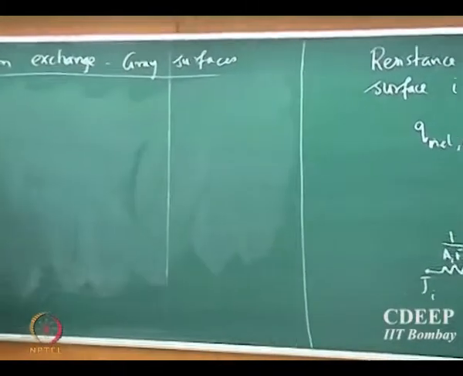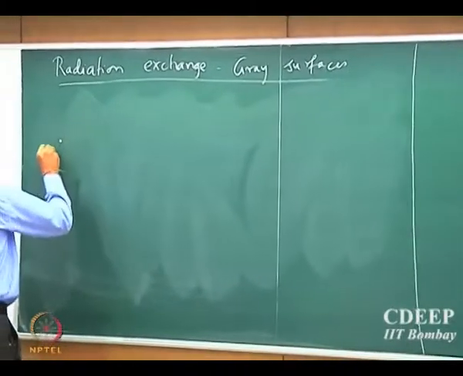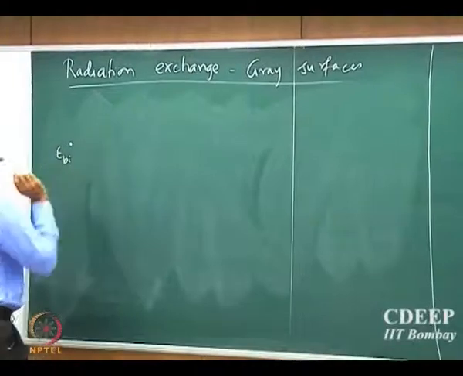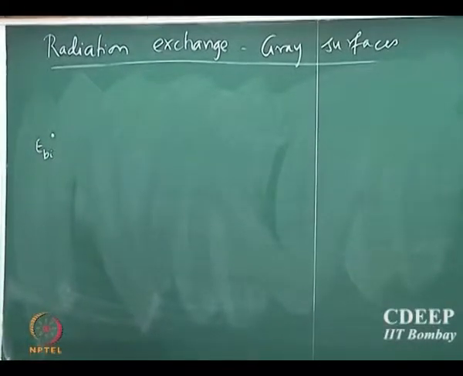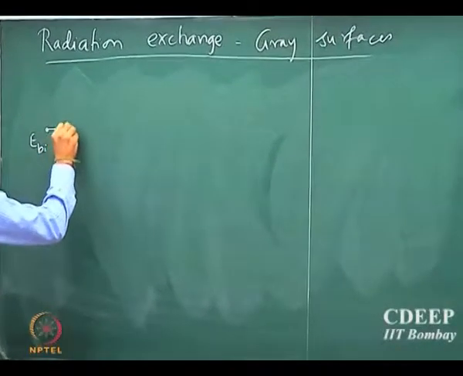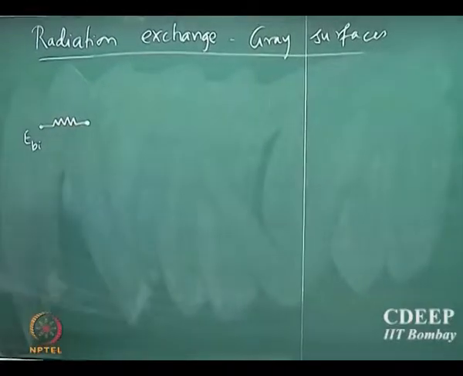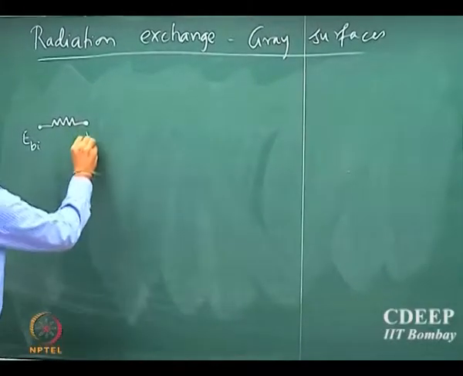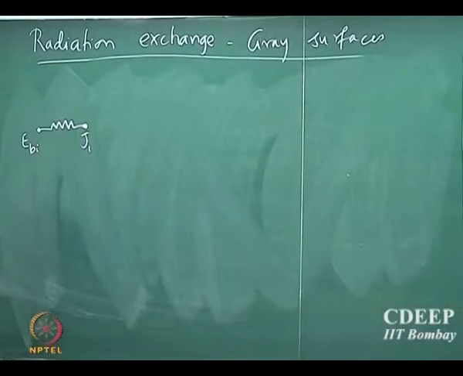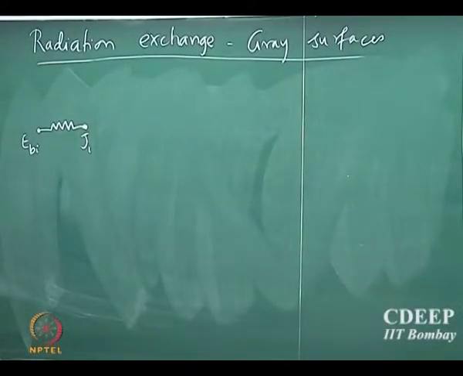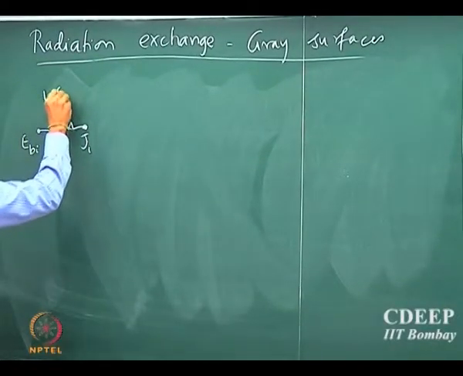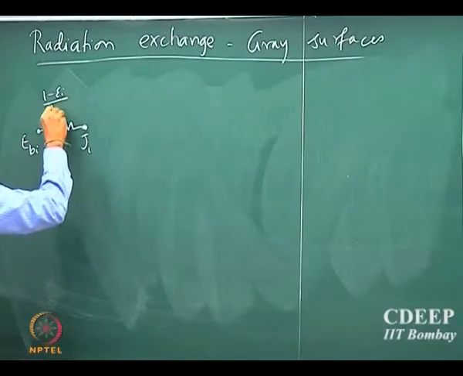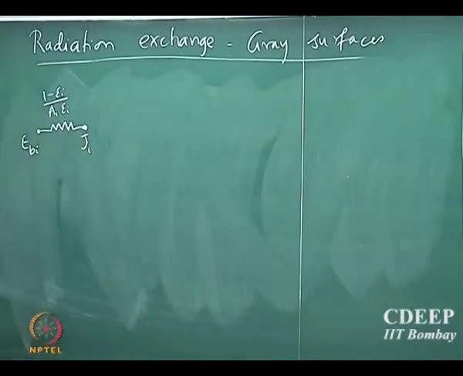Supposing Ebi is the black body radiation for surface i, and Ji is the corresponding total emission from that surface, then the resistance offered is (1 minus epsilon i) by (Ai epsilon i).